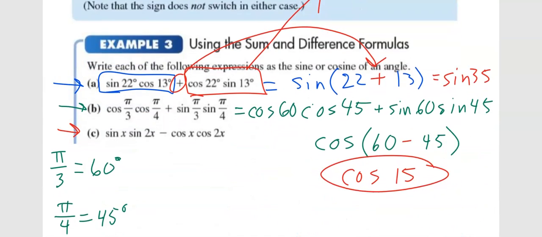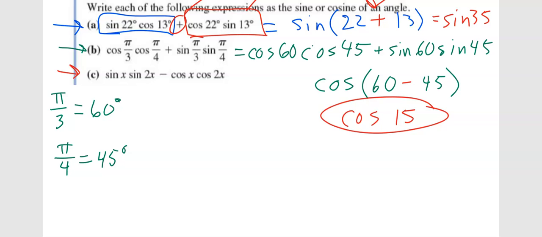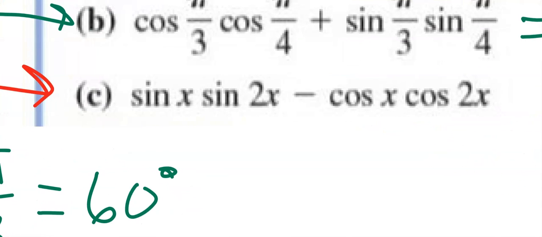Let's go back here and look at this one. Now, this does look a little different, doesn't it? What if we factored out a -1? What would happen to that?